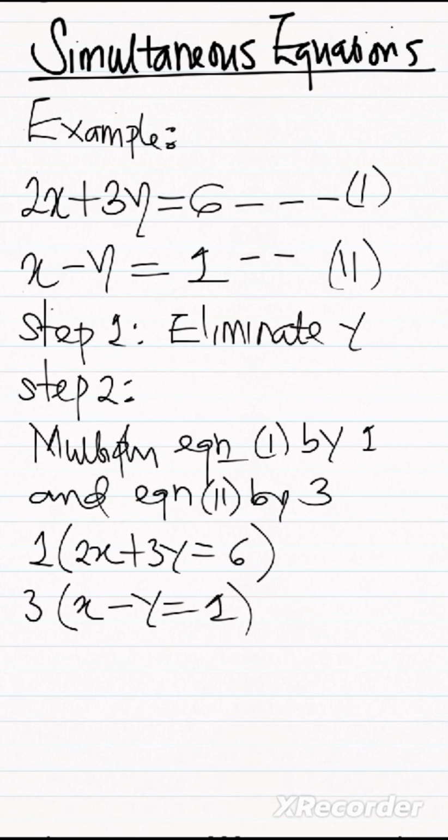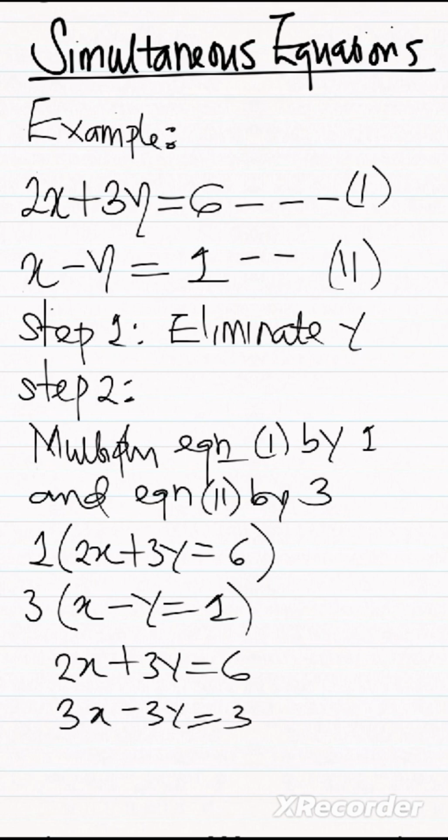By the time 1 multiplies the first equation, we would have 2x plus 3y equals 6, and by the time 3 multiplies equation 2, we would have 3x minus 3y equals 3. So you can name these as equation 3 and equation 4. Now you would have noticed that the coefficient of y now is 3 and 3. So the coefficient of y is now equal. This is what we are trying to achieve in step 2.